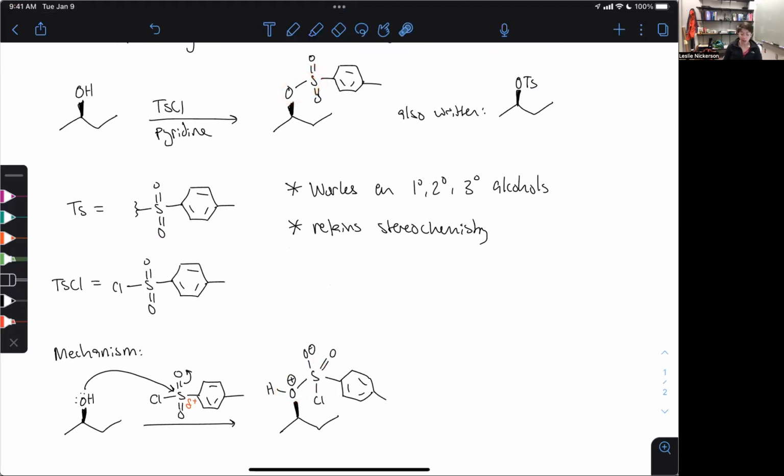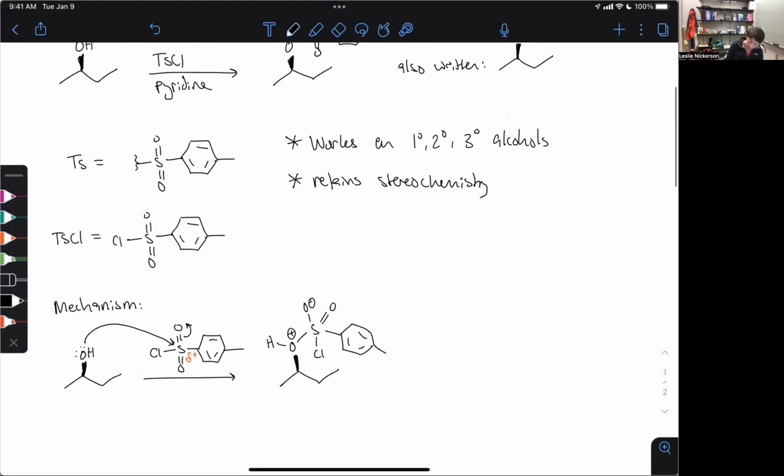The only things that we need to get rid of now is we need to kick off the chlorine and we need to deal with that hydrogen. And then we're getting to our tosylate. So once I'm here, just like in the thionyl chloride mechanism, we're going to reform that S=O pi bond, and then our chlorine is going to act as a leaving group.